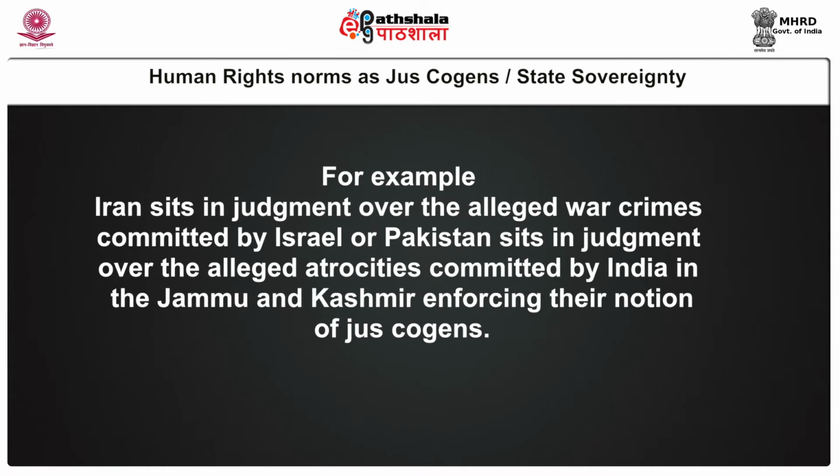For example, Iran sits in judgment over the alleged war crimes committed by Israel. Or let's say Pakistan sits in judgment over the alleged atrocities committed by India in Jammu and Kashmir, enforcing their notion of jus cogens.